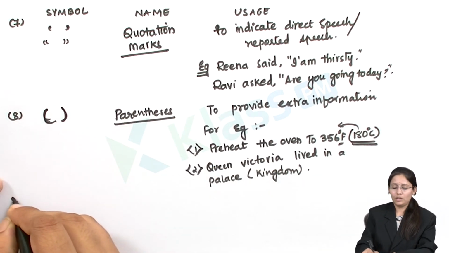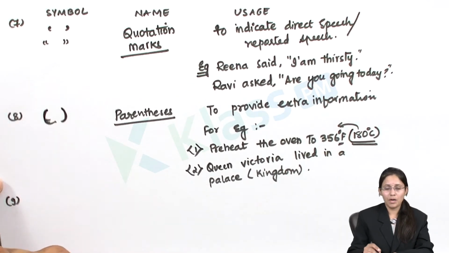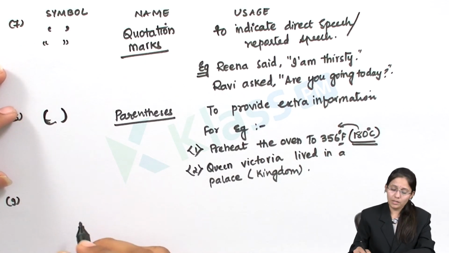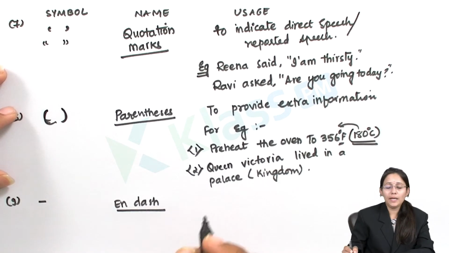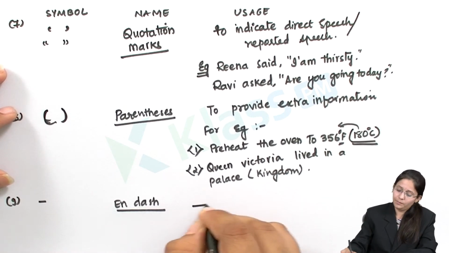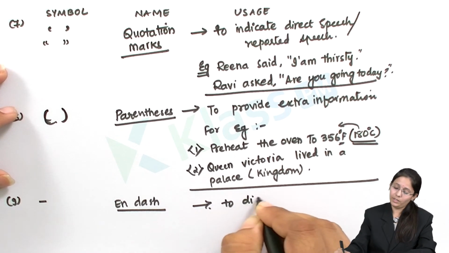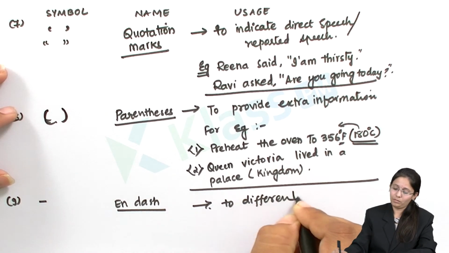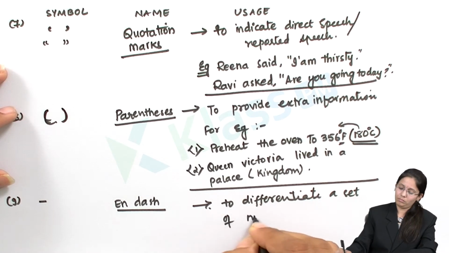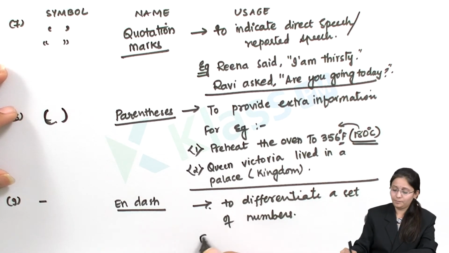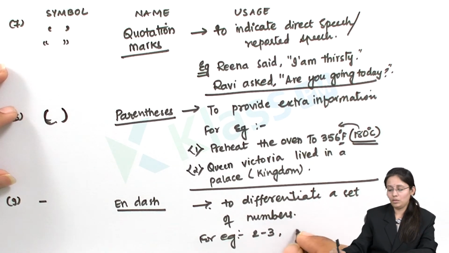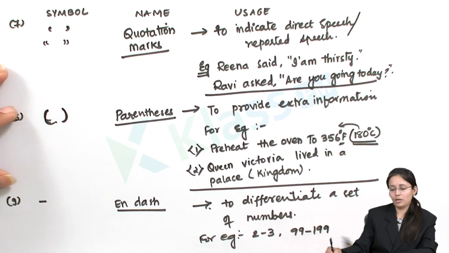Let us go to the ninth punctuation mark. The ninth punctuation mark is the en dash, which is generally used to differentiate a set of numbers. For example, 2 to 3, 99 to 199.